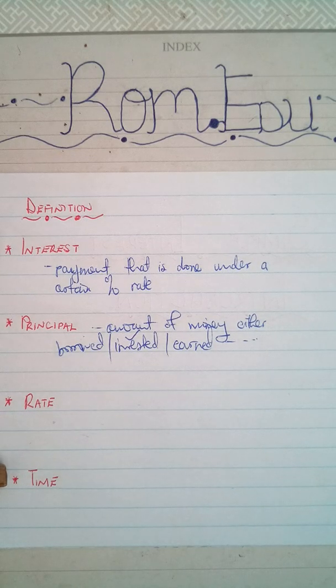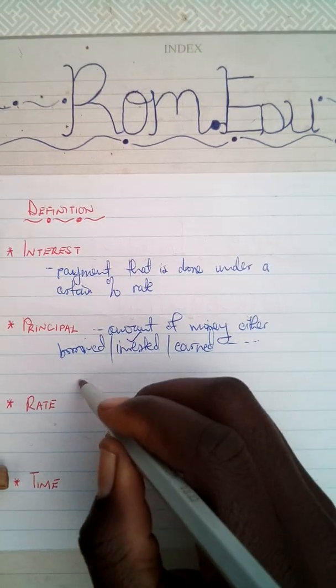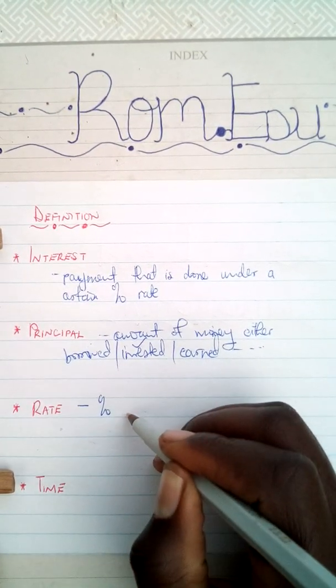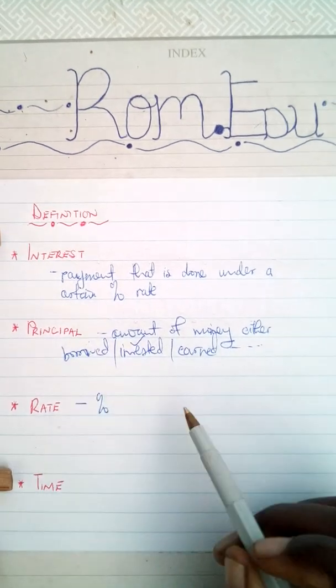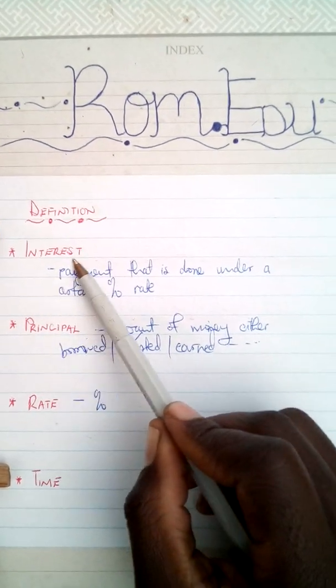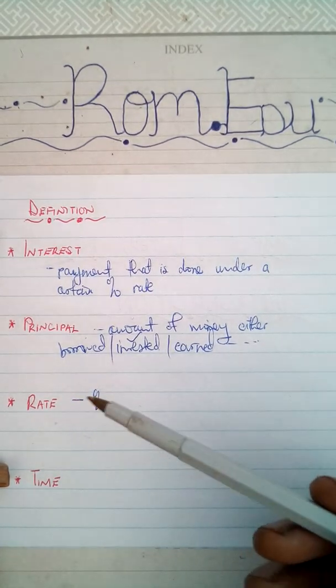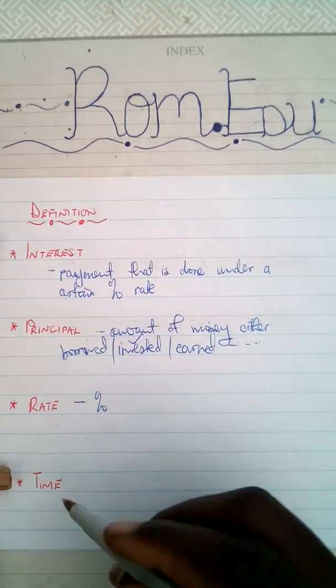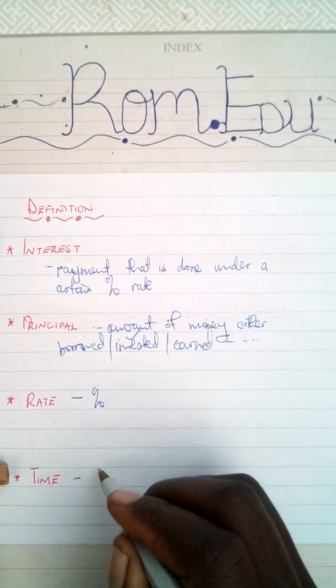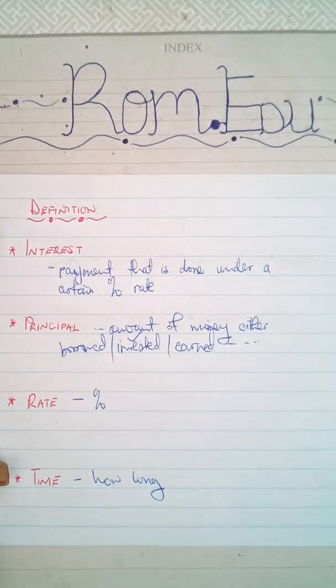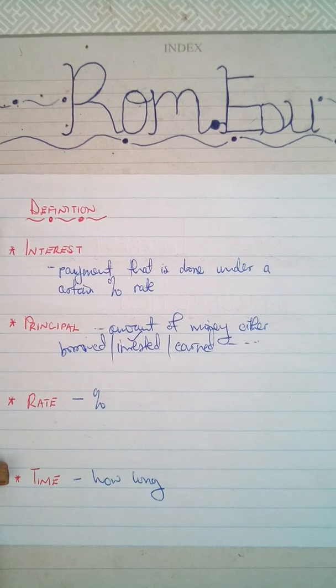Now let's look at rate. Rate is a percentage that is used to see how much interest we are supposed to be charged. Then time is how long the agreement is going to run, how long you are going to repay the borrowed money, or how long you are going to keep your investment.